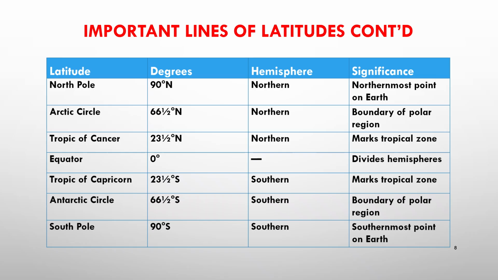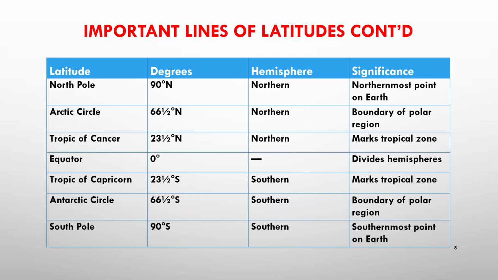So we start with the North Pole. As I said in the previous slide, the North Pole is the absolute northern limit. It is where all the meridians or the longitudes converge, and it is a point of extreme cold and ice.